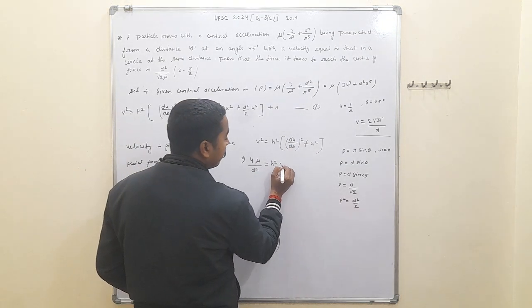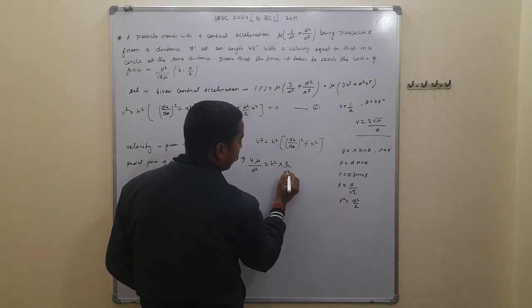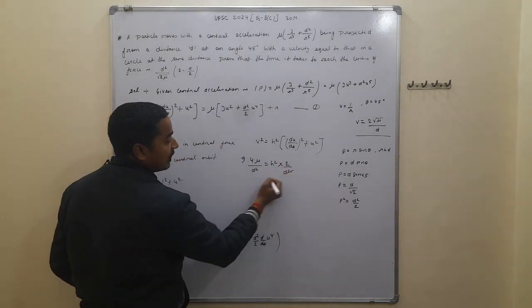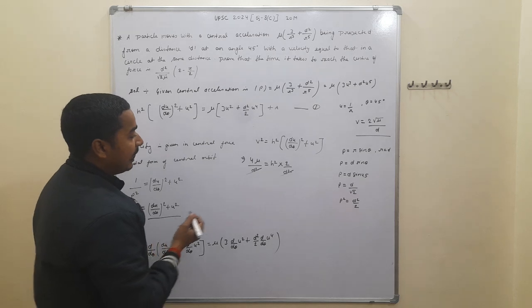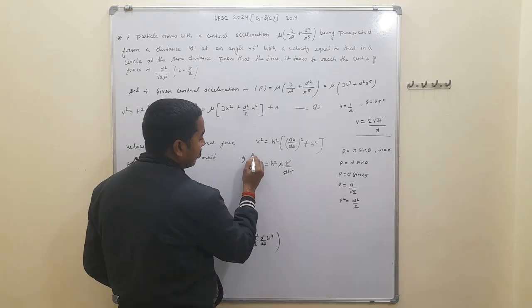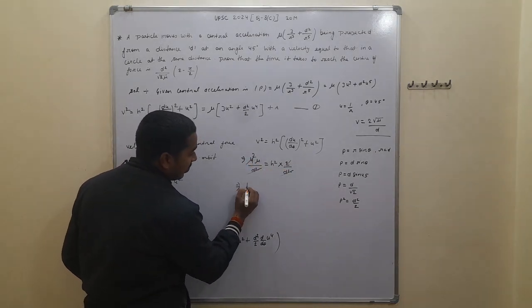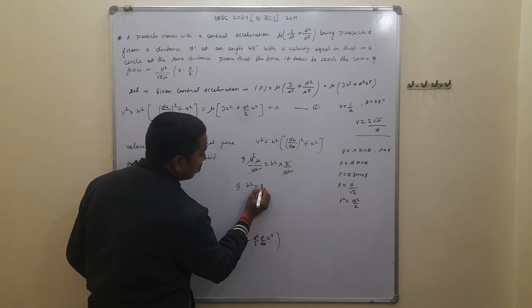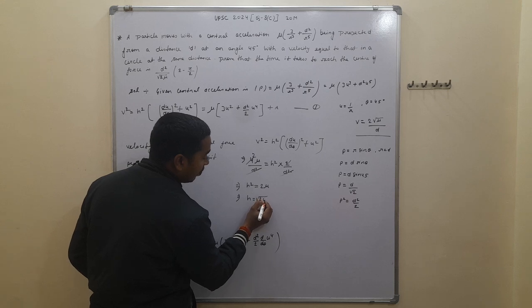From here d square cancels with d square, and 2 to the 4, and the remaining is h square is equal to 2 mu, and we can also write h is equal to root of 2 mu.